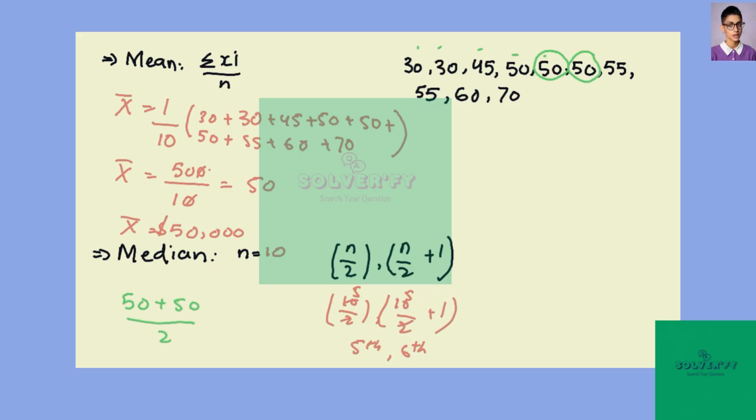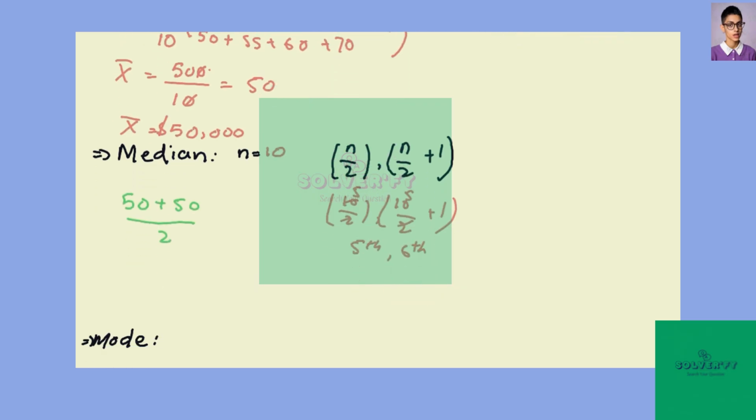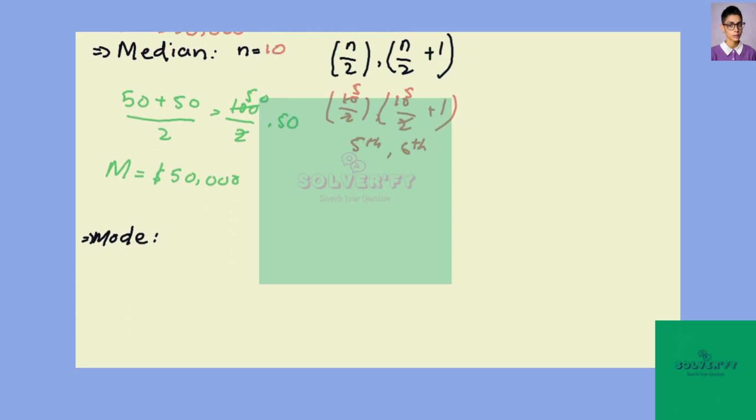We find the average and we get 100 by 2, that is also 50. So the median is also $50,000.